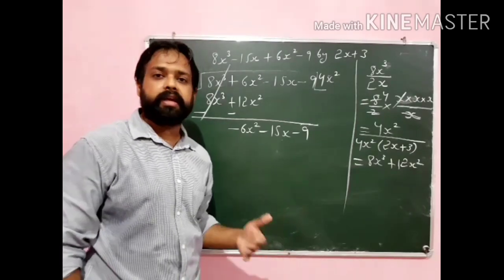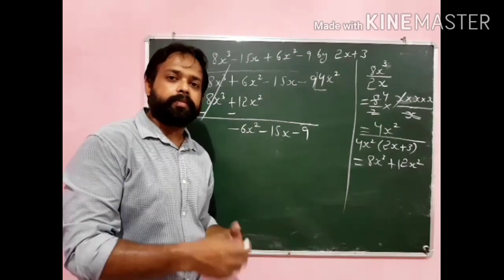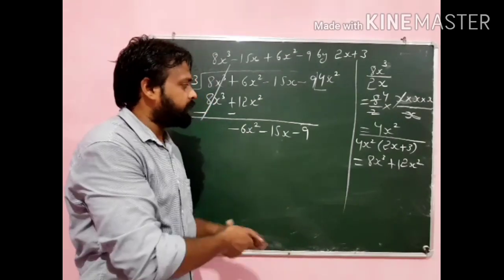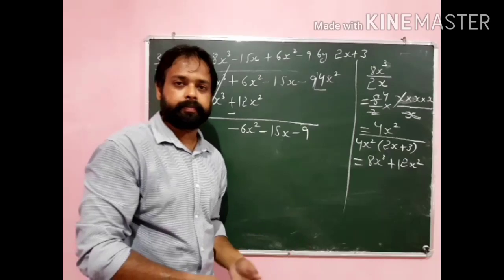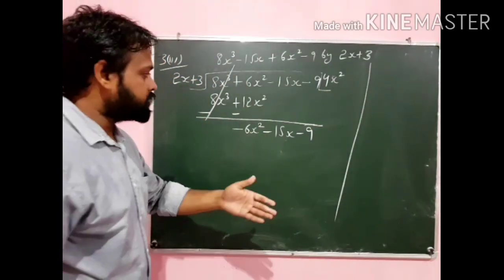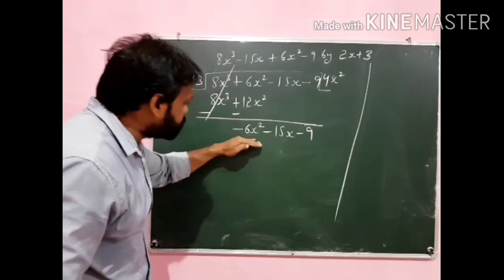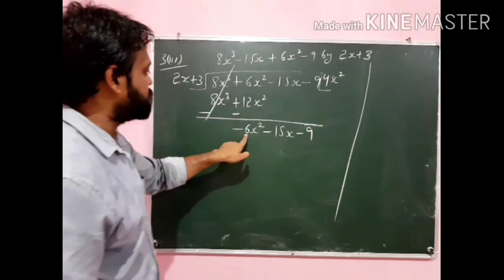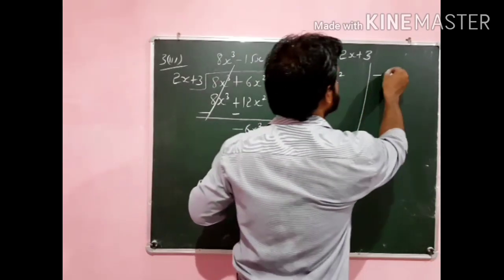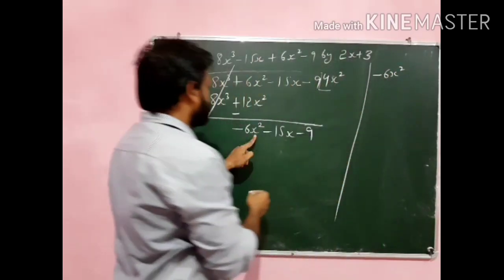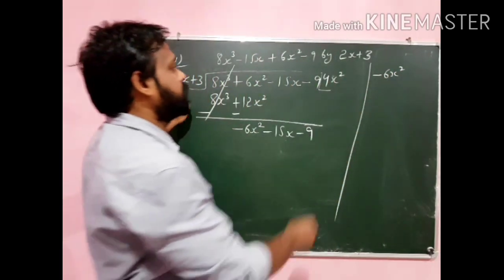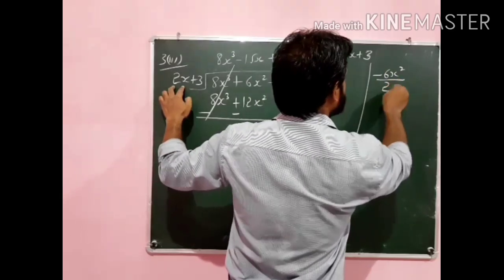Now you can see what the second step is. Again, while solving this sum further, we have to follow the same steps again. Now from here we have to start again. This is minus 6x square, so write down this minus 6x square here, and then divide this one by this 2x.